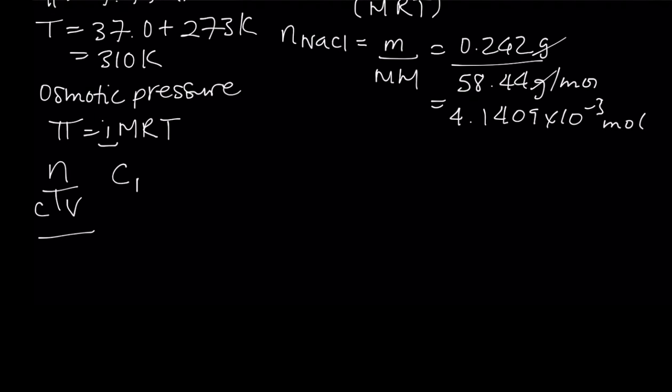The concentration of sodium chloride can be found by taking the moles of sodium chloride and dividing it by the volume of solution provided, which is given in the problem.